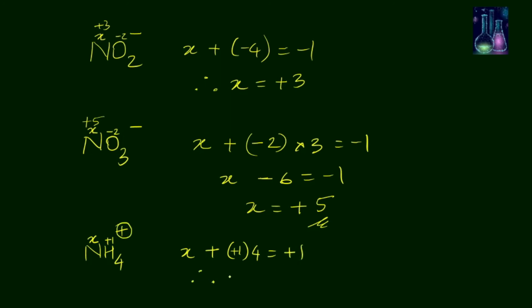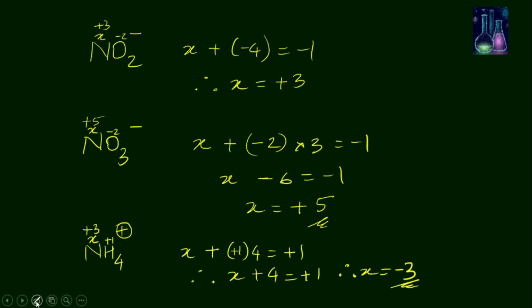Therefore X plus 4 equals plus 1, and therefore X equals minus 3, and that's the oxidation state of nitrogen. So you see, nitrogen is showing variable oxidation states over here. I hope you understood the example.